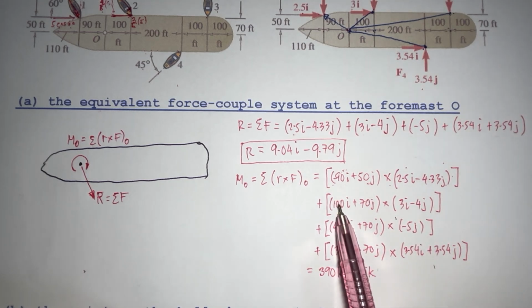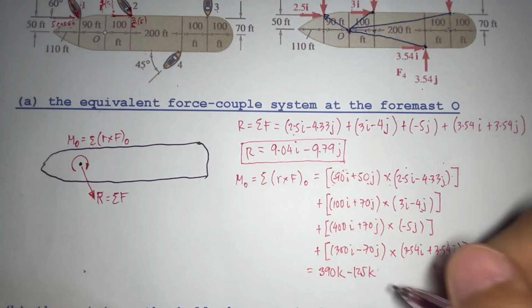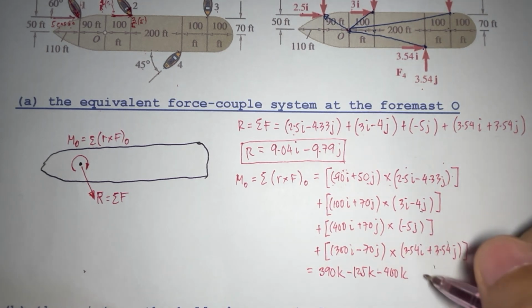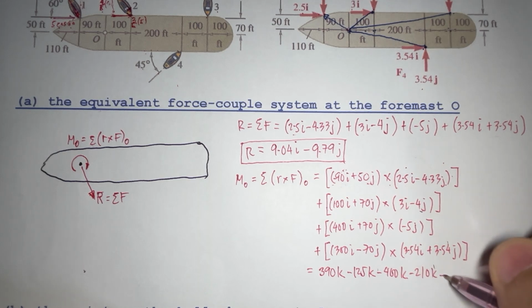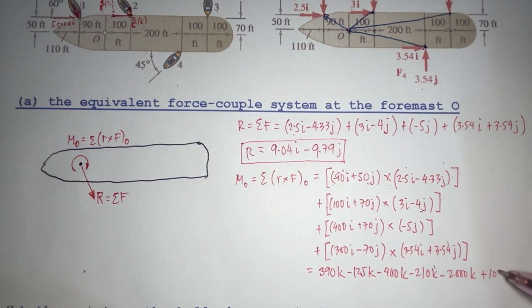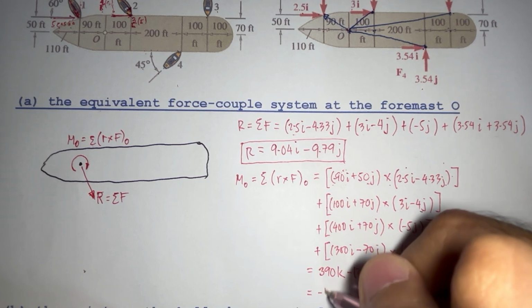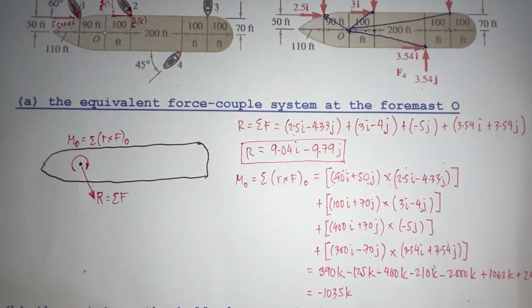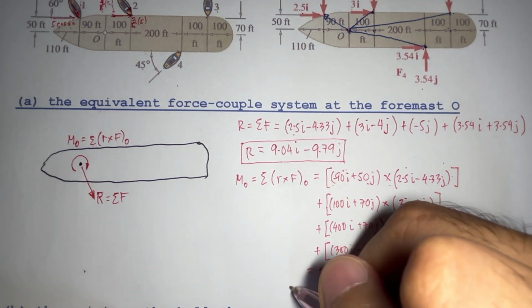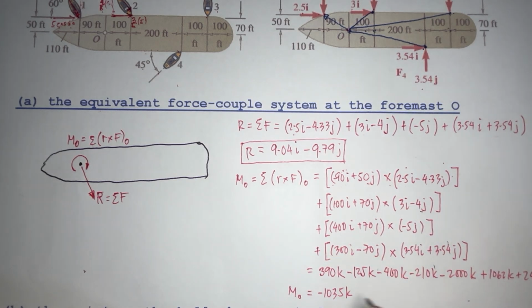If we continue for the other terms, we have negative 400K minus 210K minus 2000K plus 1062K plus 248K. If we add all these K, we have negative 1035K in total. So this would be our couple at point O.